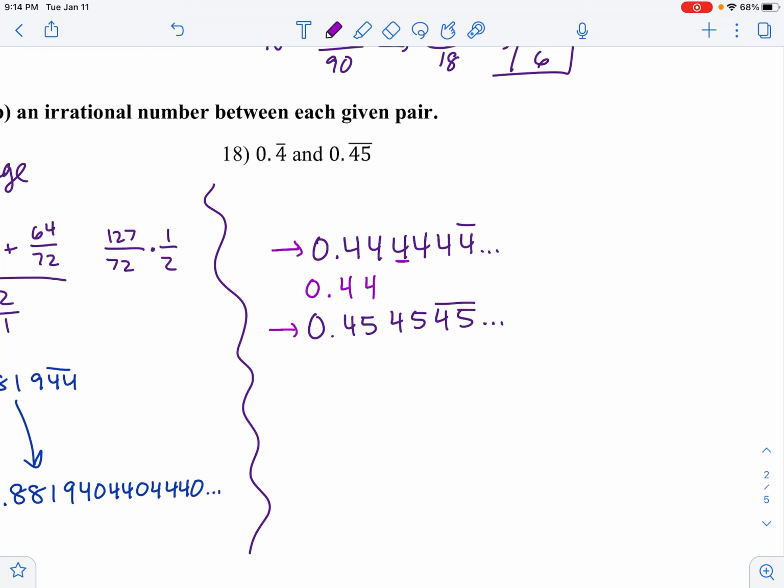I don't know, let's pick a 5, and my decimal is going to end, which means that it's rational. Oh, that's even better, because now for irrational, I can just take my answer and make it irrational. I know that 0.445 is in between my two numbers, so who cares what I add on now? So why don't I add on 3, 5, and then 3, 3, 5, and then 3, 3, 3, 5, some sort of pattern that is not a repeating pattern.